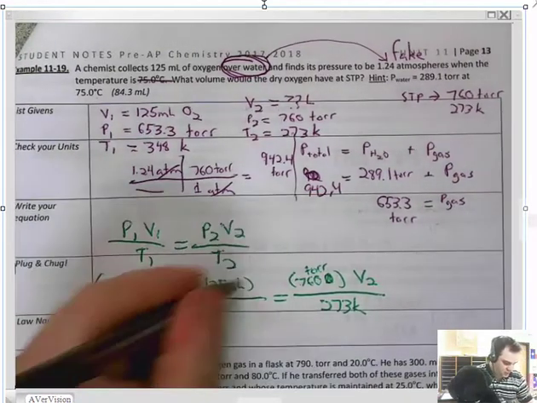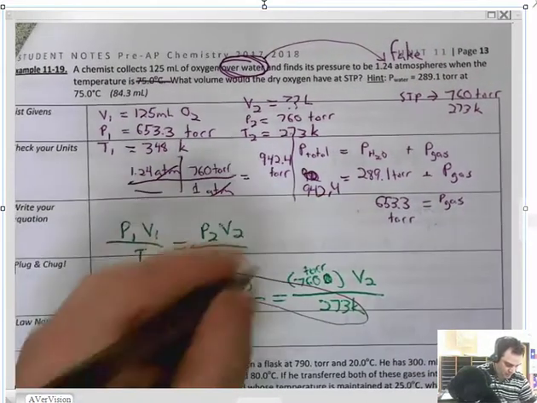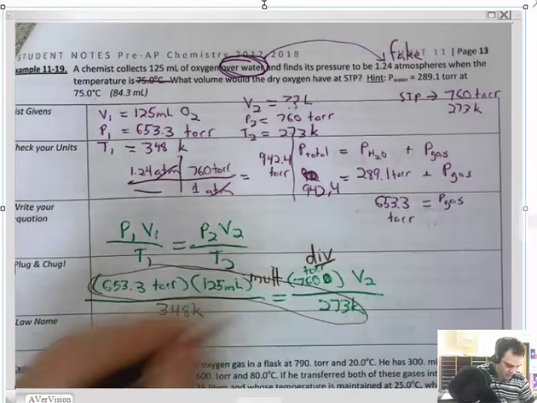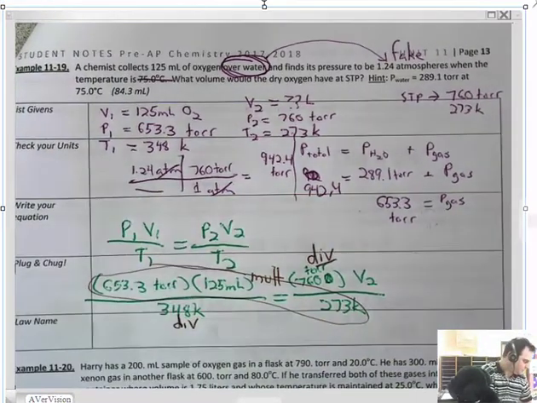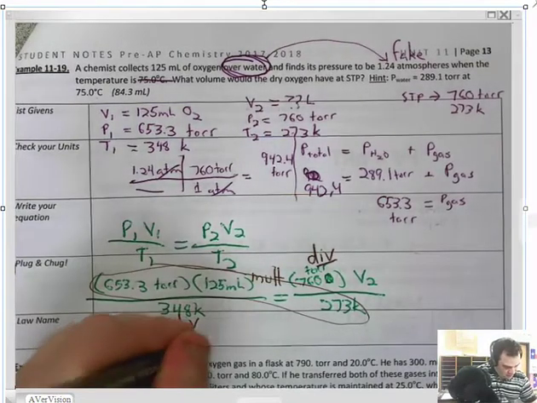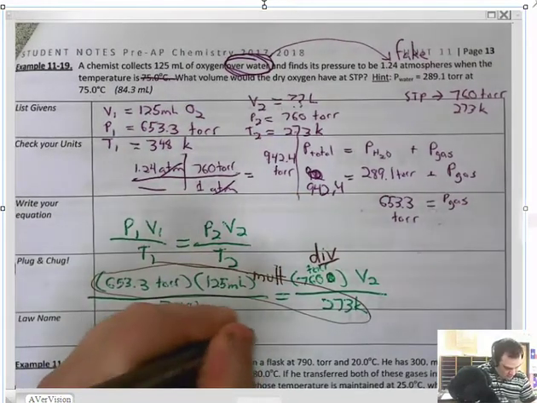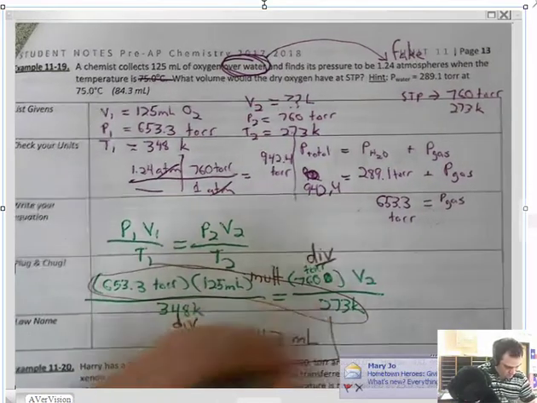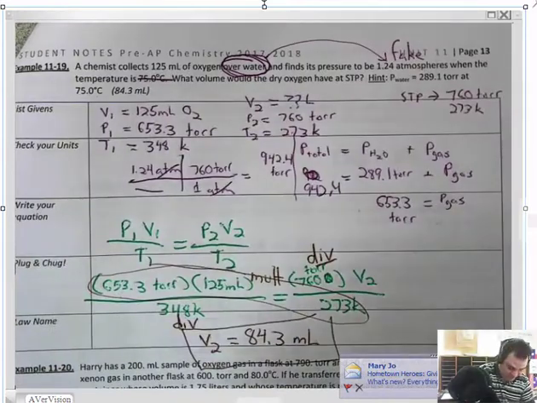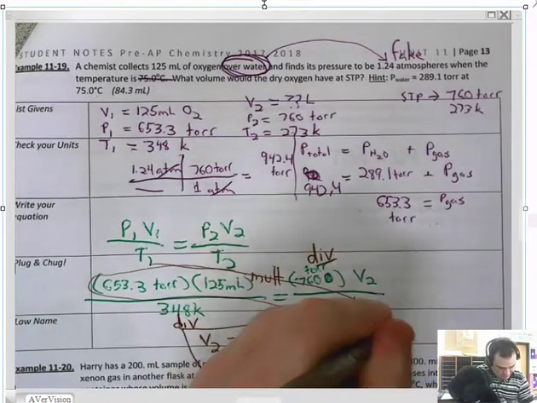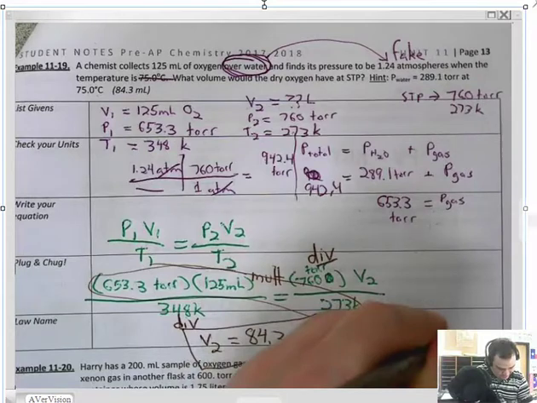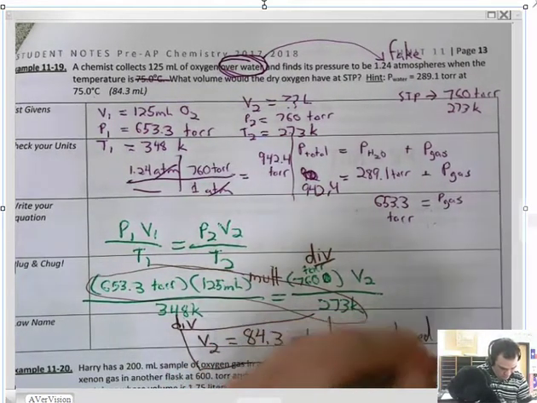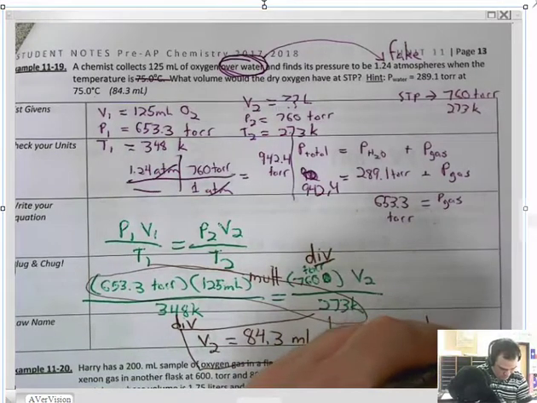So here we are going to multiply these three numbers, because they're away from our variable. And then we're going to do a double divide. So we're going to divide by this number, and divide by that number. And we are going to get a V2 equal to 84.3 milliliters, which is the combined gas law with Dalton over water.